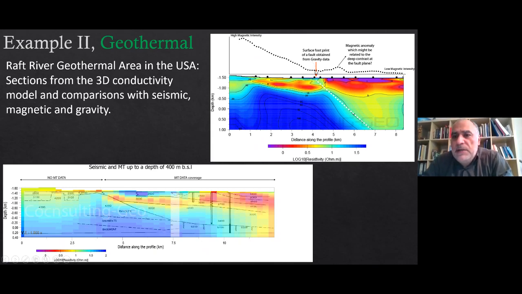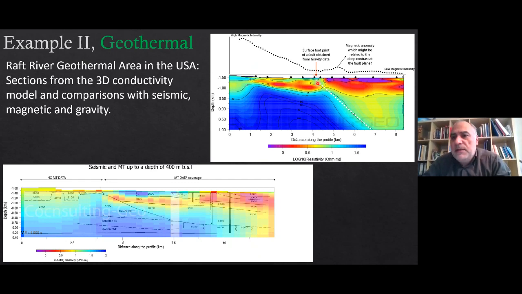Another observation here is that there is a fault obtained from gravity data. This arrow here shows the position of the surface trace of a fault obtained from gravity data.